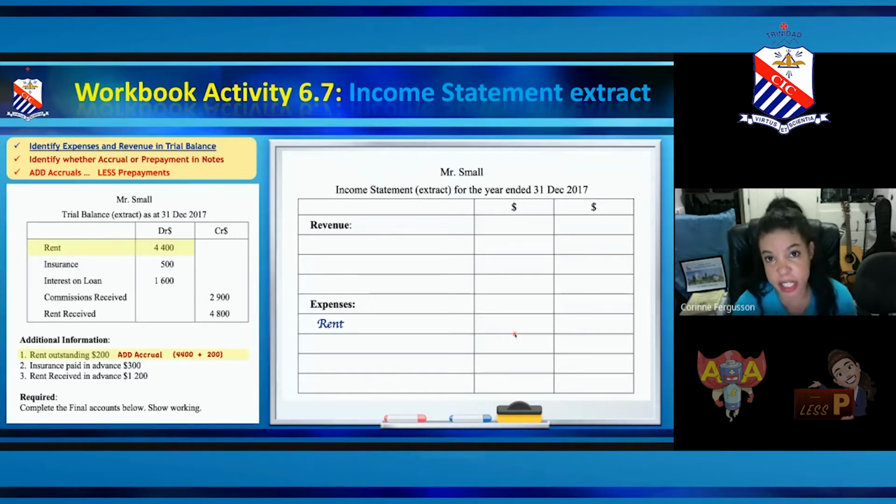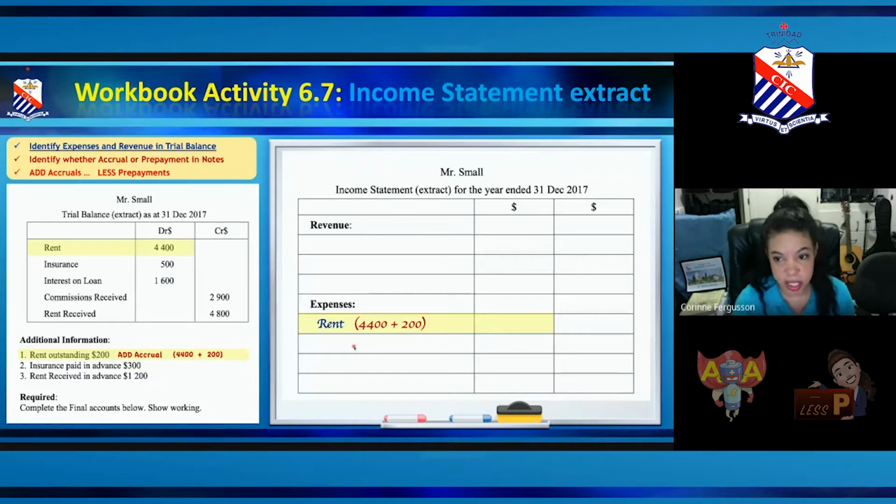So you will go under expense, you put rent, and then since you have an adjustment, you are going to show your working for the adjustment. And your working would be the amount paid, which you find in your trial balance, which is 4,400, add the accrual, which is 200. So you add 200.